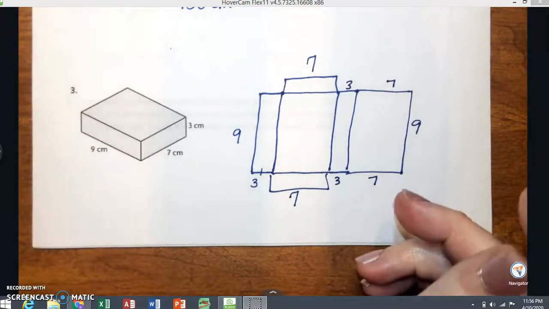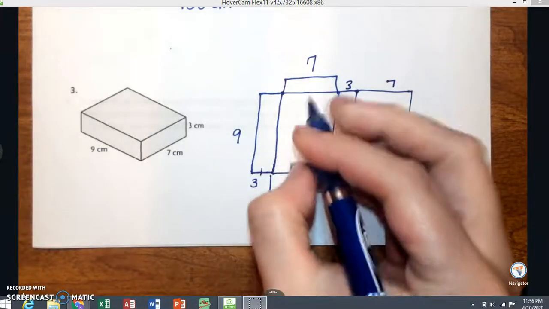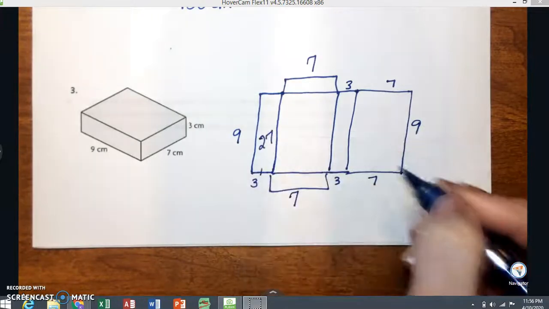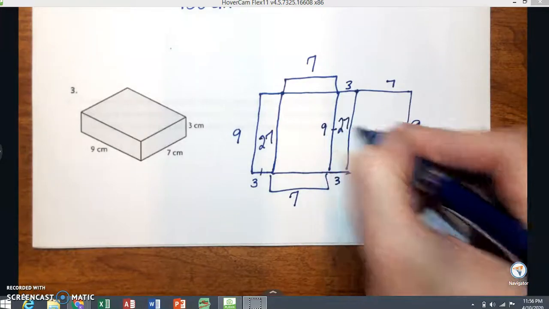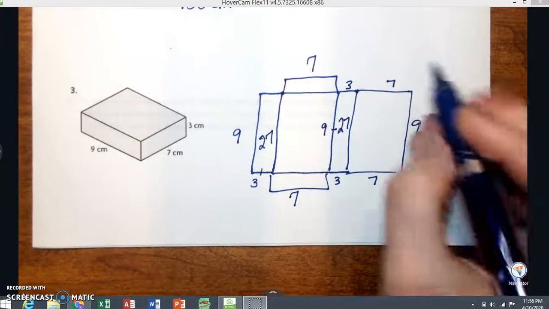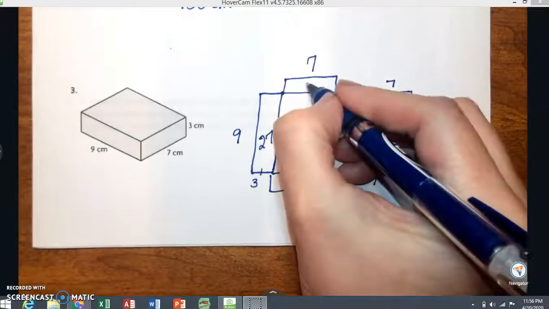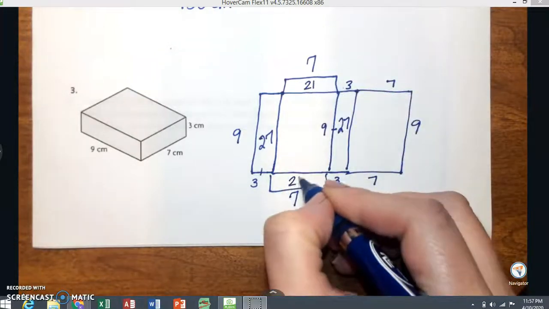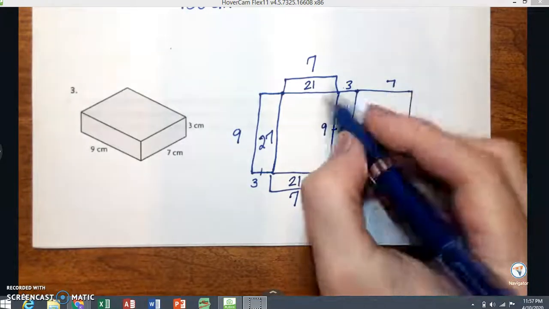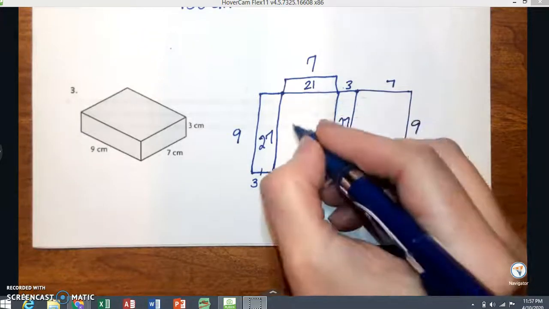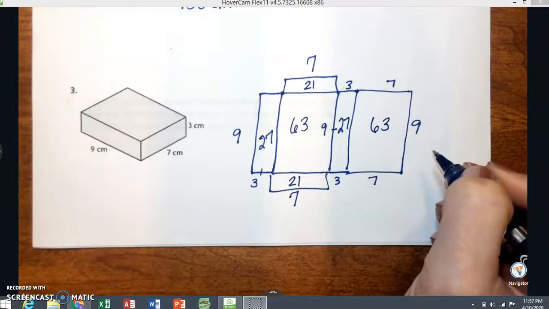Alright, so we're going to get the surface area here. So let's start right here with this smaller one. We've got 9 times 3, so that's 27, which means that this one would also be 9 times 3, so it's also 27. Okay, then for these little sides, this is 3 times 7, which is 21. This is also 21. Okay, so I've got the big ones that are still left. So this would be 9 times 7, which is 63, which means this one is also 63.